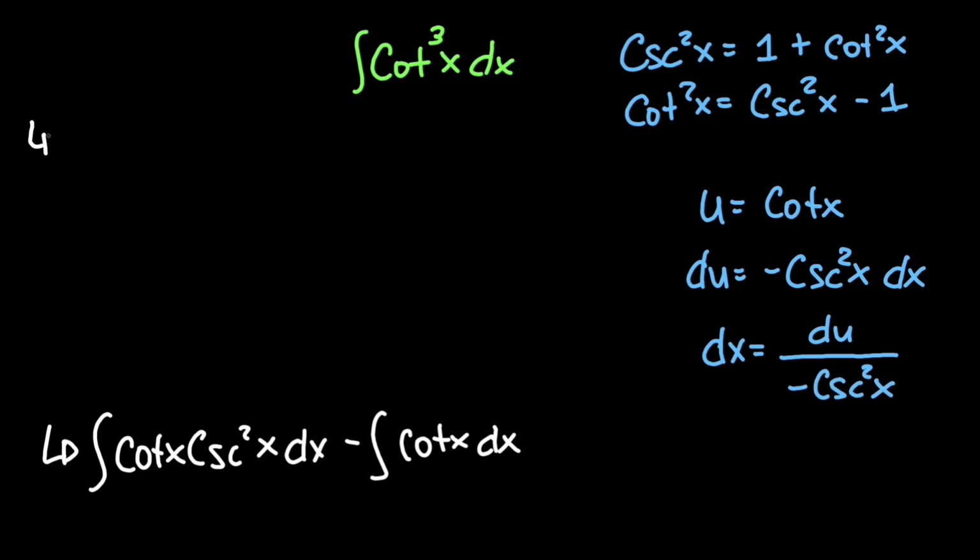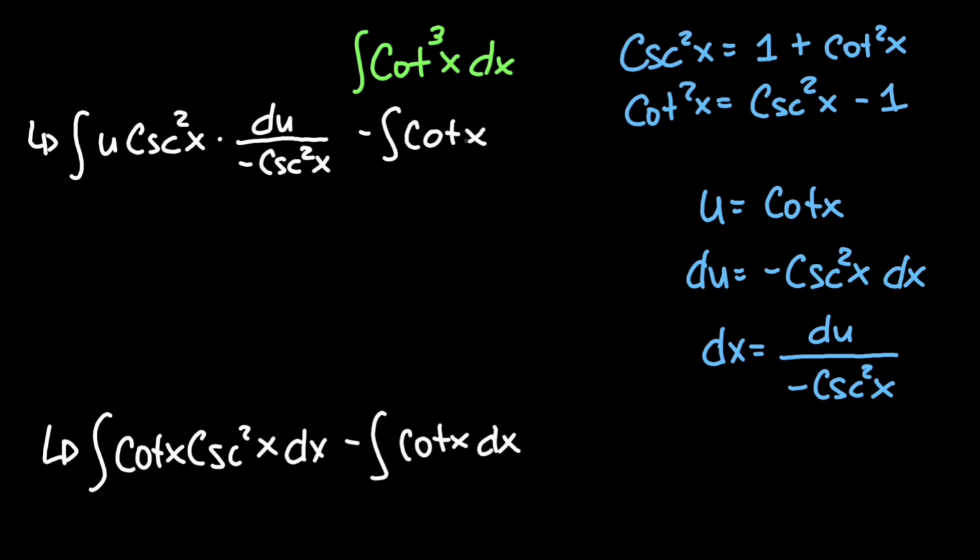So substitute the values. You would have the integral of u multiplied by cosecant squared of x multiplied by the value of dx, which is du over negative cosecant squared of x, and copy the rest. Cosecant squared of x would cancel each other out, and you can put this negative sign outside the integral.